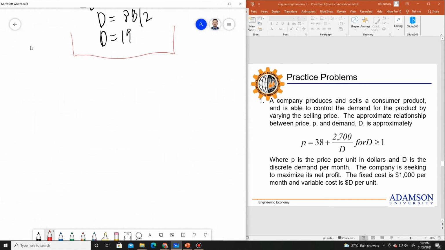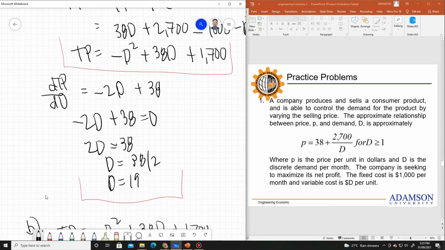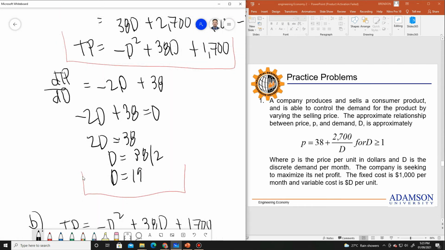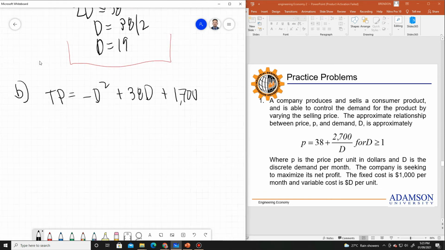Next, for B, we will use the equation TP equals negative D squared plus 38D plus 1,700. From here, we just substitute D to the equation.